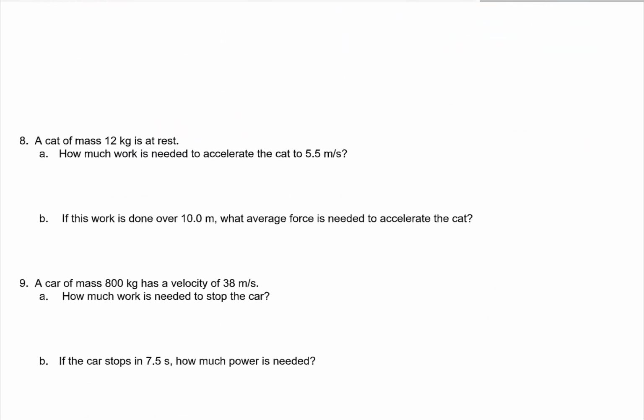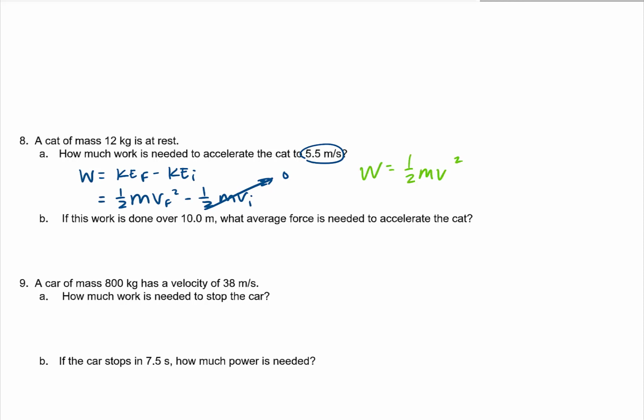All right, next part, we have a cat, and we need to accelerate the cat to 5.5 meters per second. So work is change in kinetic energy, so kinetic energy final minus kinetic energy initial. So it's 1/2 mv final squared minus 1/2 mv initial squared. So if we start off at rest, that work is just going to be equal to 1/2 mv final squared.